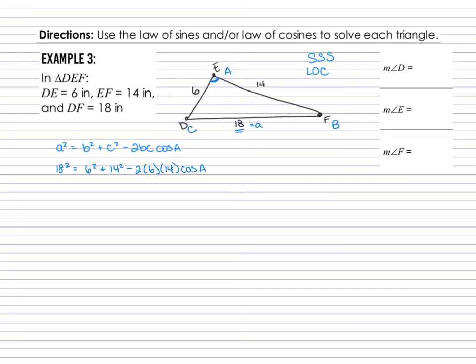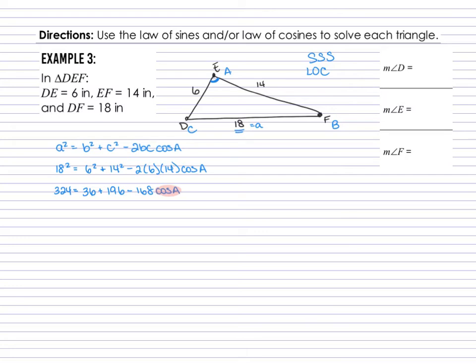So this is where it's a little bit different. Now I'm going to have constants on both sides, and I'm going to have to find that inverse cosine of A. 18 squared is 324 equals 6 squared is 36 plus 14 squared is 196 minus 2 times 6 times 14 is 168 cosine of A. My goal here is to get this cosine of A by itself, so I can take the arc cosine or the inverse cosine.